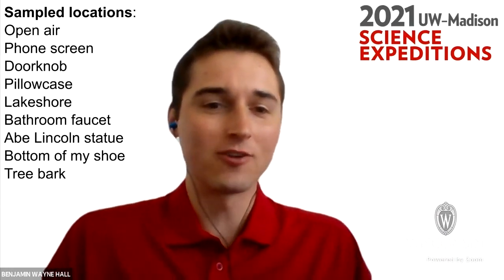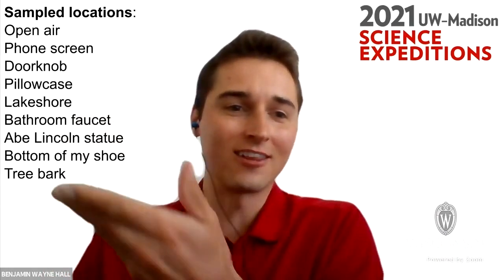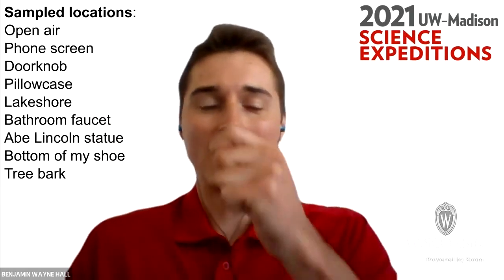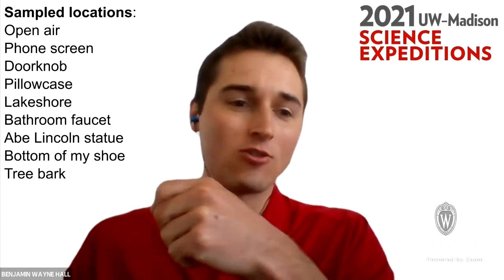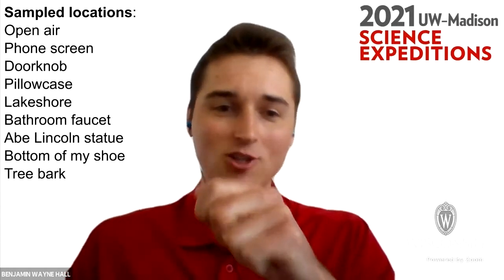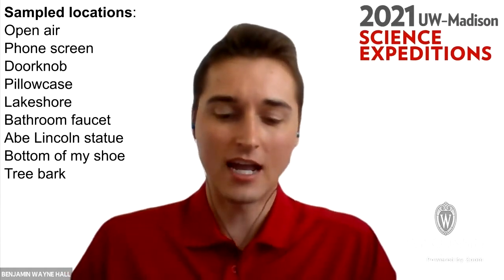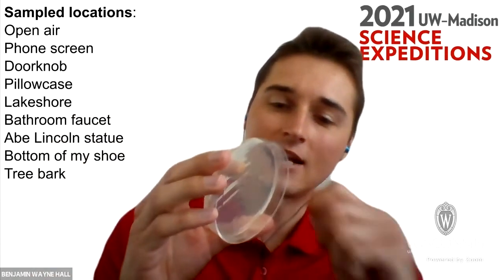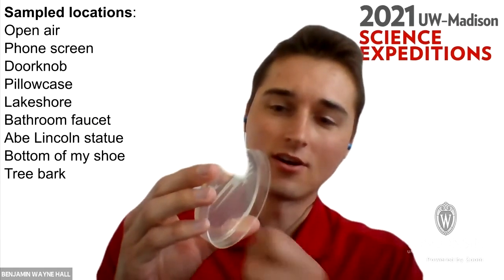At the different places you see on the list on the slide, I took my Q-tip and rubbed it around the place. Let's say it was tree bark. I would rub the Q-tip along the tree bark, then open up a plate labeled tree bark, and rub the Q-tip all around that plate.